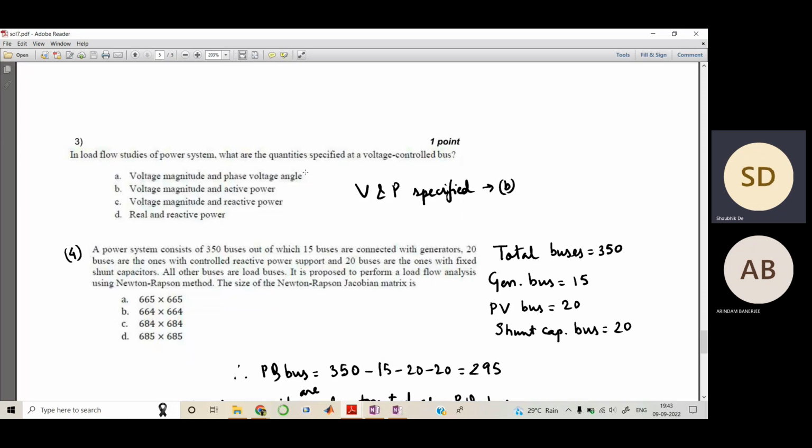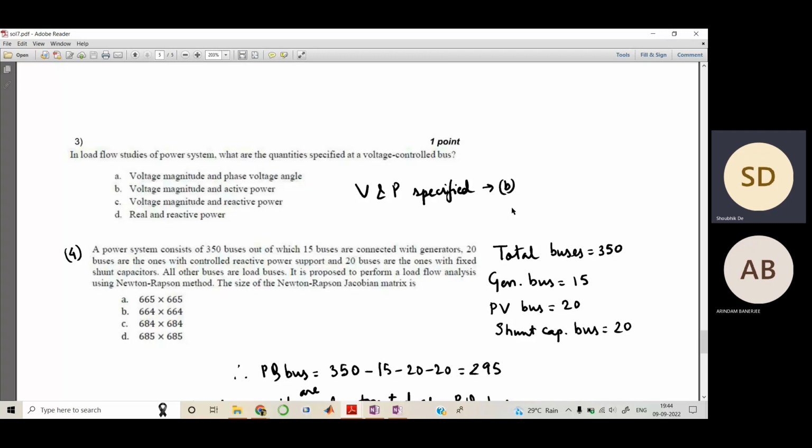So the right answer is voltage magnitude, right? Because at your generator bus, the voltage magnitude and the active power are the two things specified, and the reactive power and the phase angle of the bus voltage are to be found out, right?